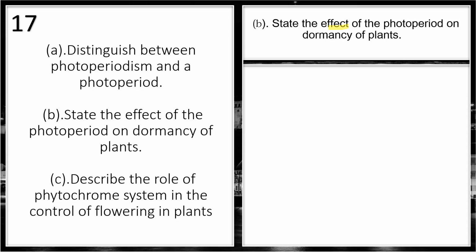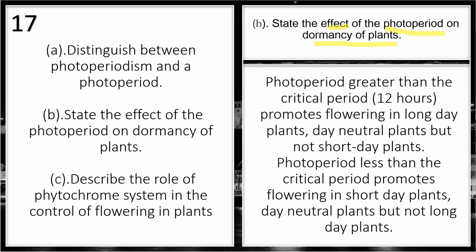State the effects of photoperiod on the dormancy of plants. Photoperiod greater than the critical period, which is 12 hours, is going to promote flowering in long day plants and day neutral plants, but not short day plants.